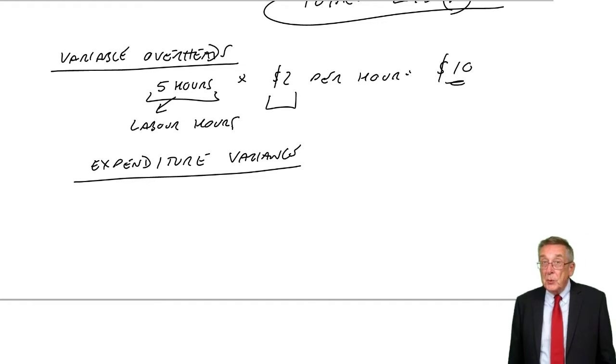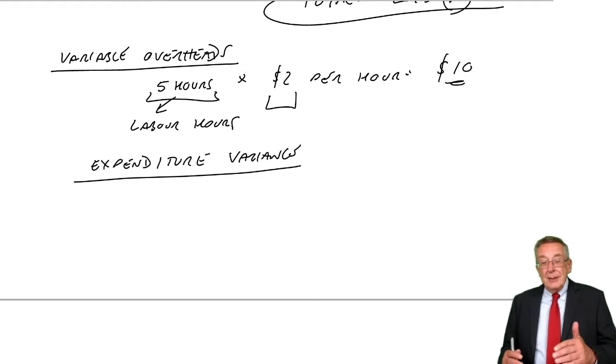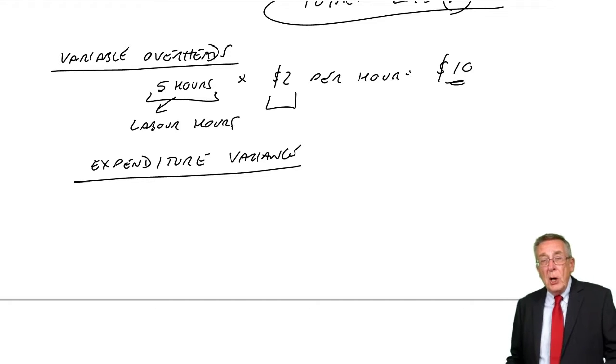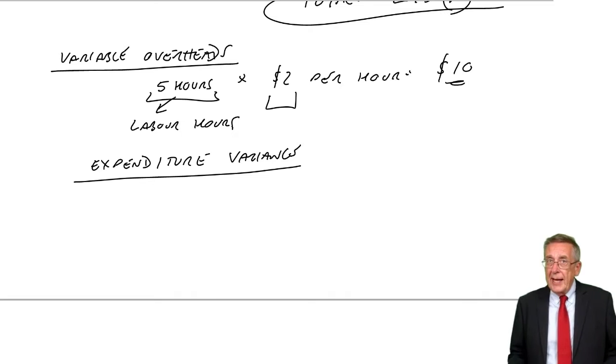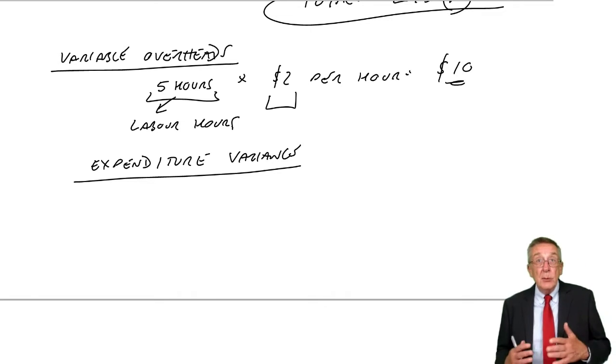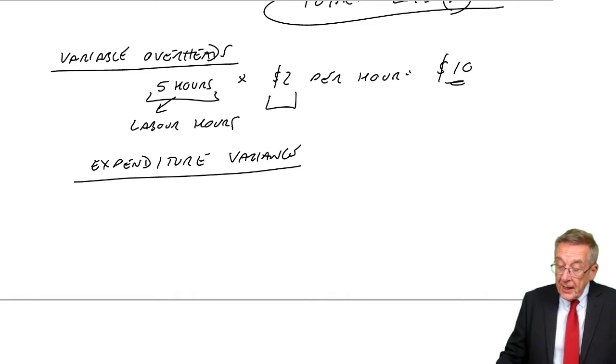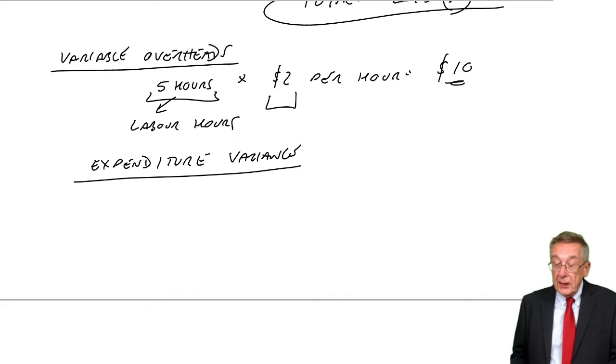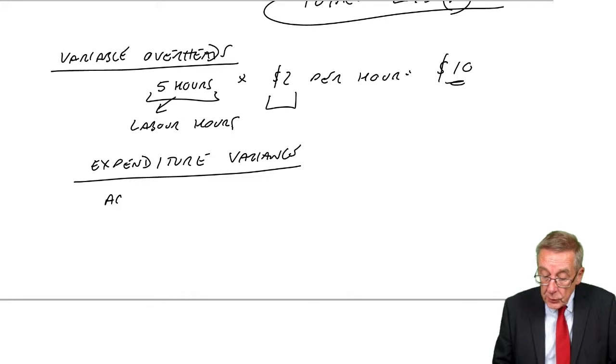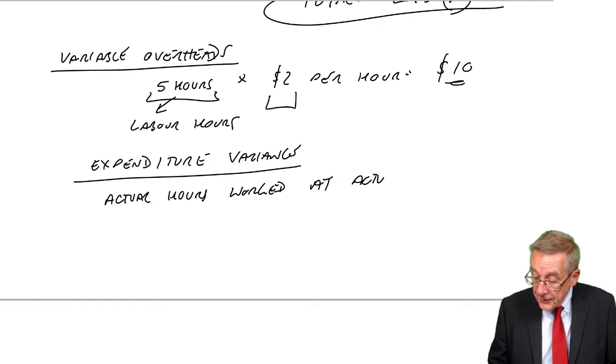But we assume that if they're not doing anything, there are no overheads, that there are only overheads during hours they actually work. And so to check whether we paid $2 or not, we take the actual hours worked at actual cost.